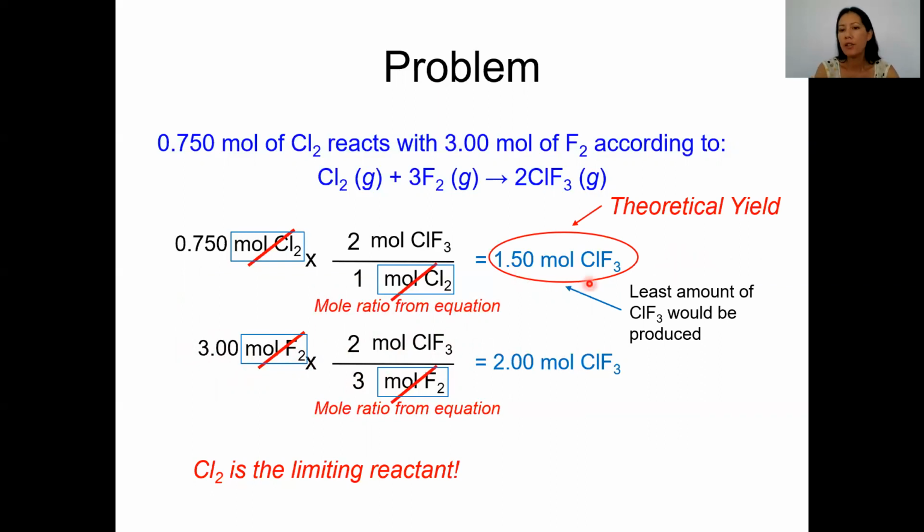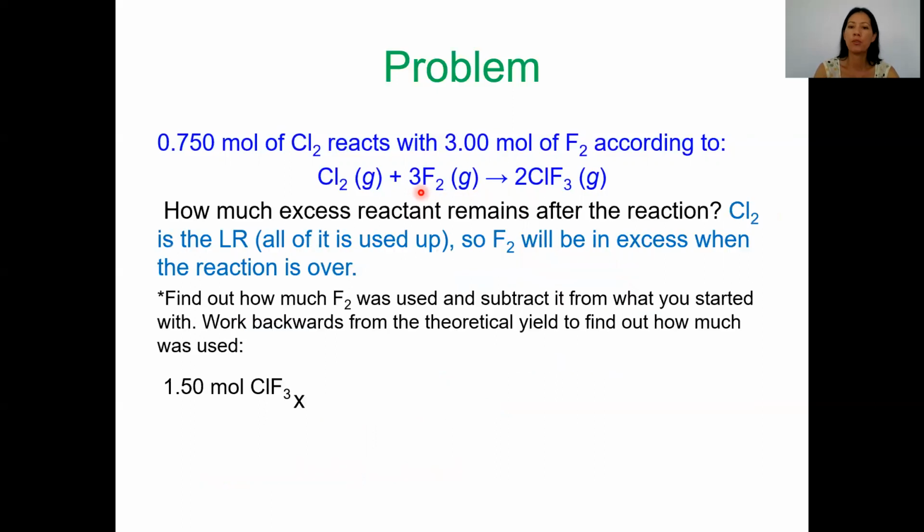So the way I like to do that is start with the amount of product produced and go backwards. If I made 1.5 moles of product, for every 2 moles of product, I used 3 moles of fluorine. And that'll tell you how much fluorine was used. So I write that out here, what I just said.